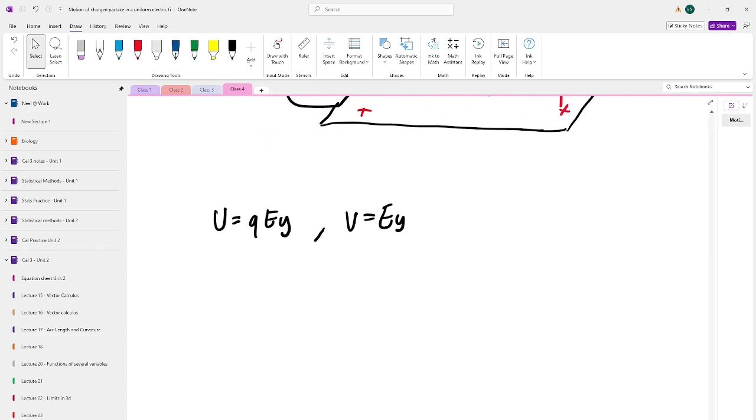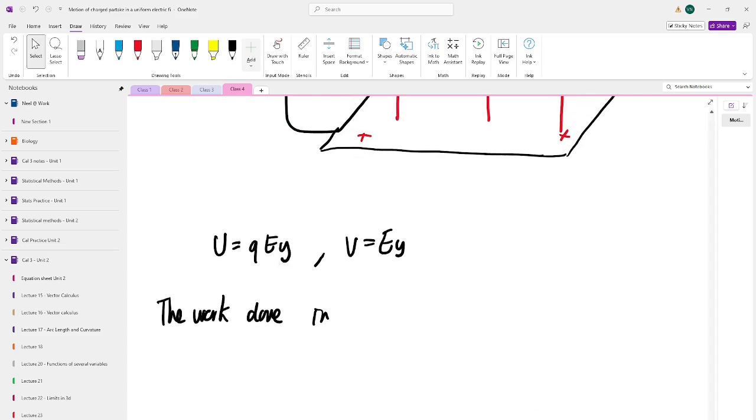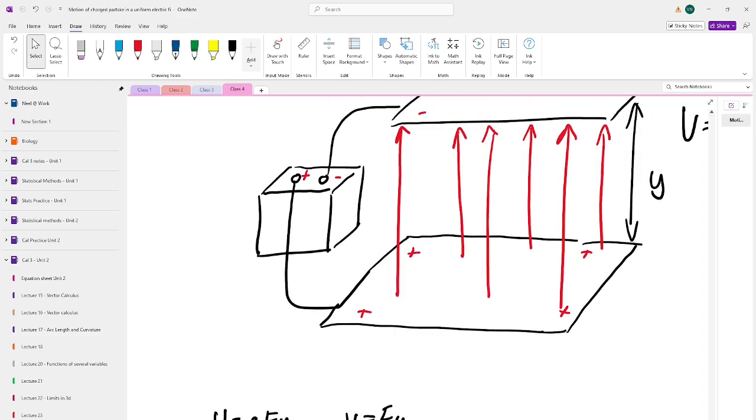So, the work done in moving Q from A to B, right? So let's say I have some random point A here, right?